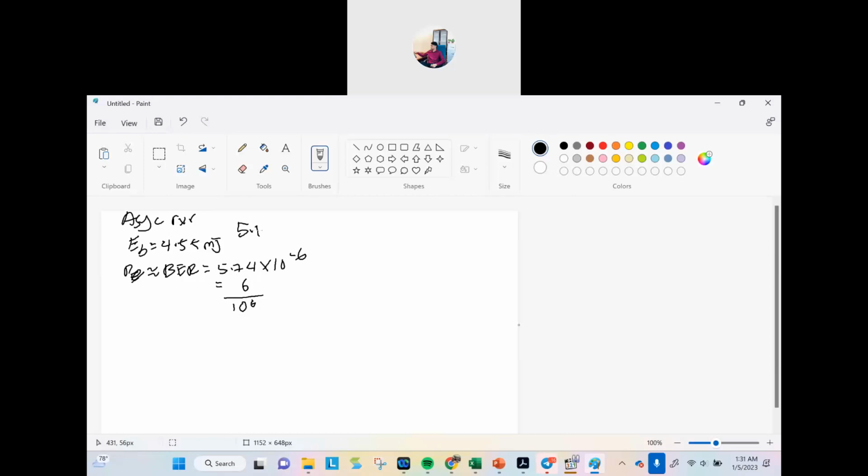So calculate the new BER, and we need to compare. This is from example 5.1, and N naught equals 2 times 10 to the power of -4 volts squared per hertz.